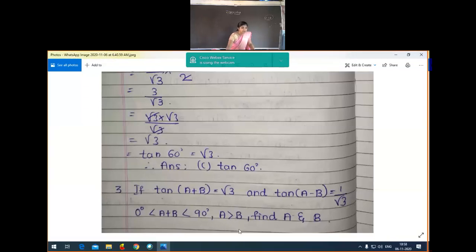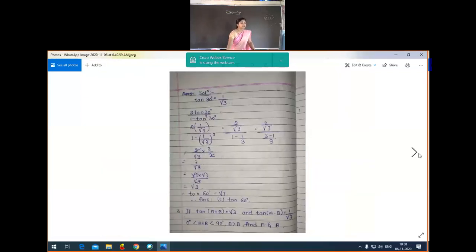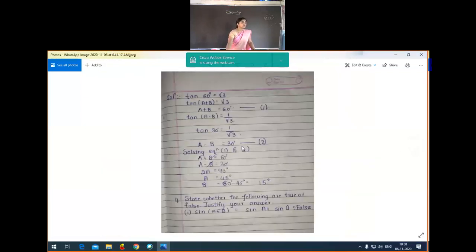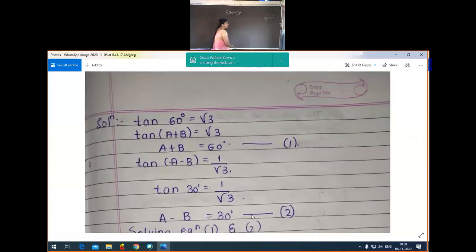Same type of problem, and we have to find a and b. So tan of a plus b is equal to root 3, the first equation. Then tan of a minus b is equal to 1 by root 3. This is the question.